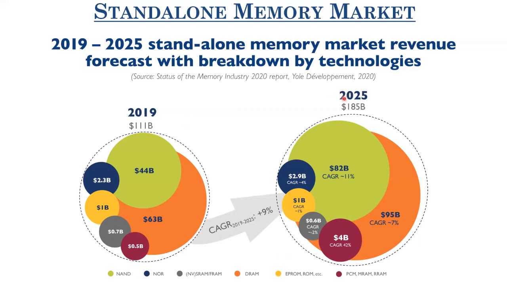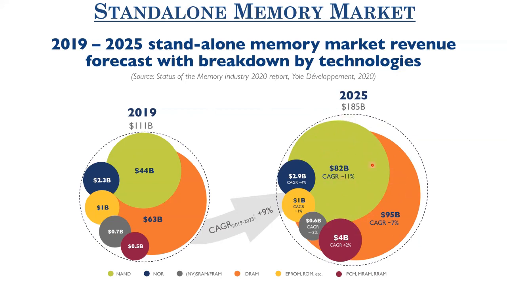However, going into the future, you may expect that the share of NAND and DRAM would be almost the same, or to say it differently, NAND flash revenue would increase as compared to the increase in DRAM.